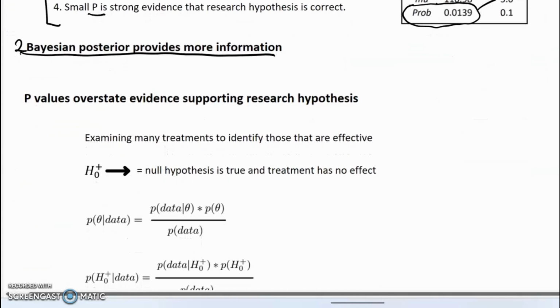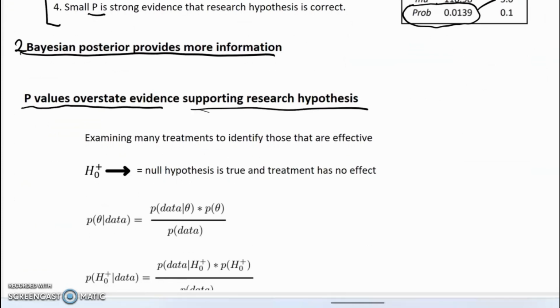A third feature is that p-values may overstate the evidence that supports the research hypothesis. To demonstrate that, let's consider an example where we're trying to examine many treatments, maybe drug treatments or reclamation treatments, and we're trying to identify those that are effective.